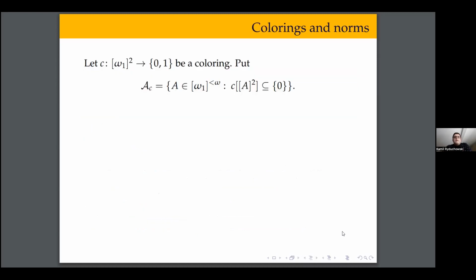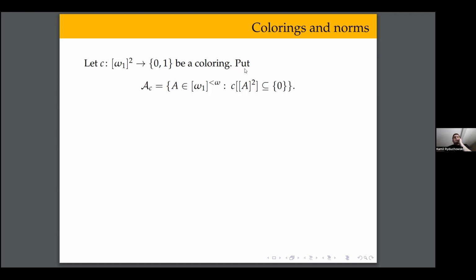Okay, so now our spaces are constructed with the help of some colorings. So let me recall that omega 1 power 2 is just the family of all 2-element subsets of omega 1, so just all pairs from omega 1. And one may think of it as the edges in the complete graph with omega 1 vertices. And we have a coloring, so every edge gets a color, either 0 or 1.